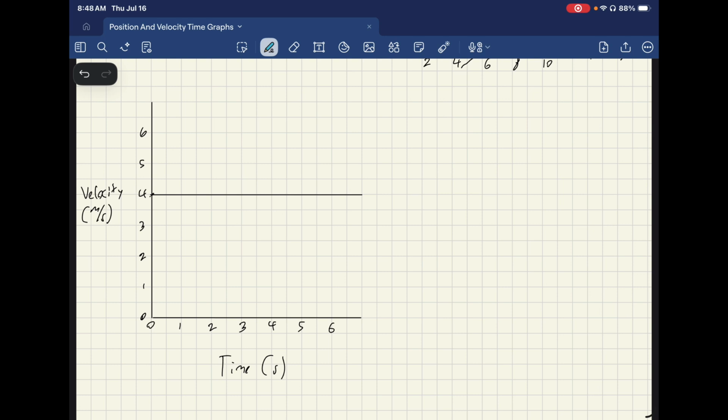The slope of this line is 0 meters per second because it's flat or horizontal. The slope of velocity is going to be acceleration. So remember that slope of position is velocity, and the slope of velocity is acceleration.